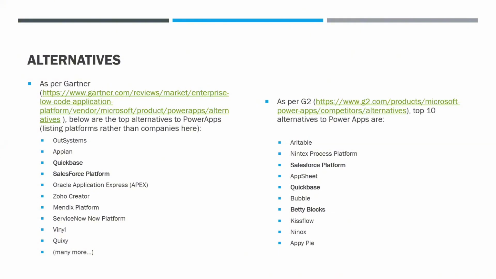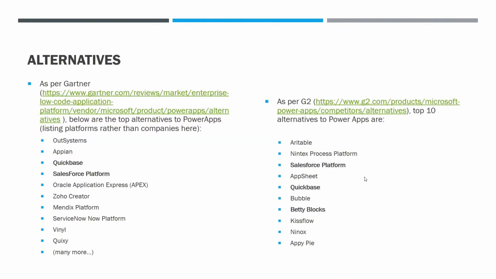All right. While you think about the question, there are alternatives available to Power Apps as per Gartner. They had a list of about 30 or 40 apps or systems. I've just listed the top 10 as per G2, and I've tried to make certain that the common ones are in bold. The Salesforce platform is similar to Power Apps, and some people are hooked onto that and use it.